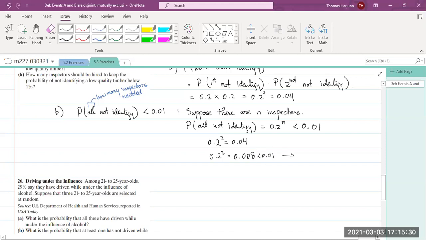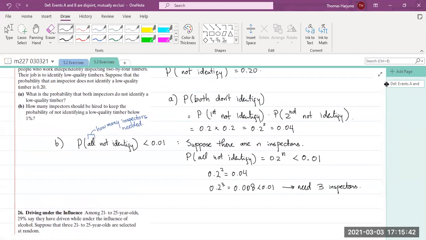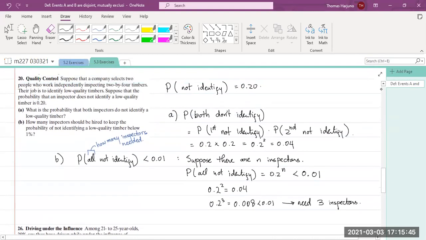Okay, so we will need 3 inspectors. Okay, that's for quality control.